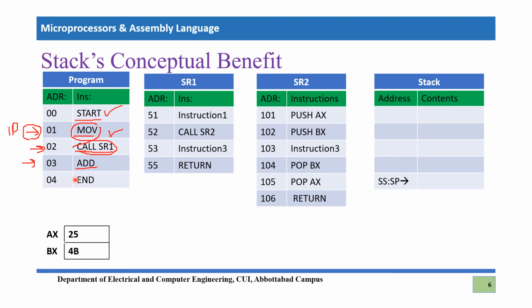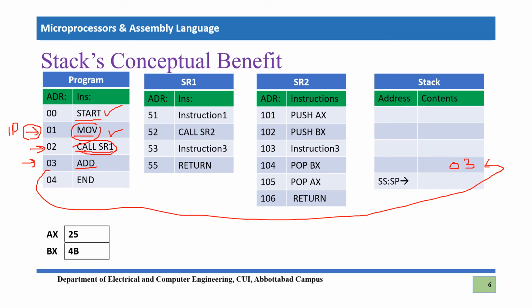But before switching to this instruction, the microprocessor will save this value somewhere, and that is our stack. So that address, 03, will come here. I hope you have understood the point.